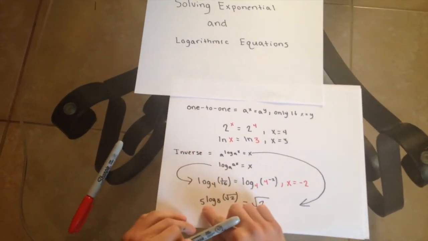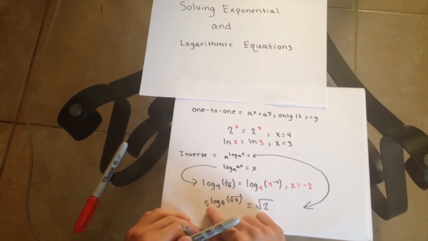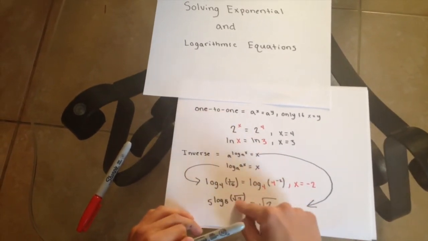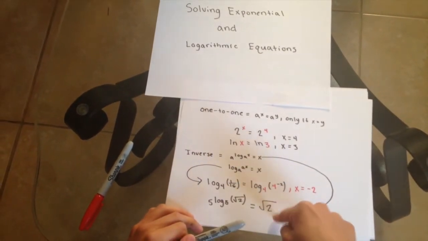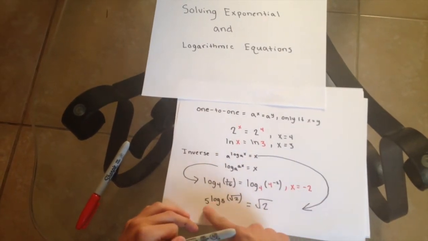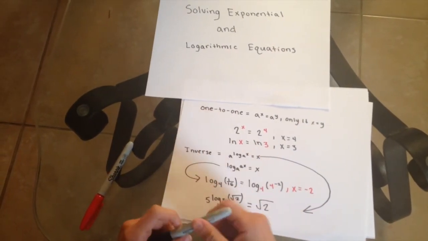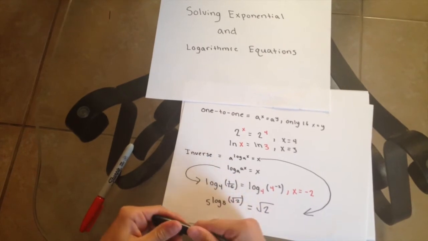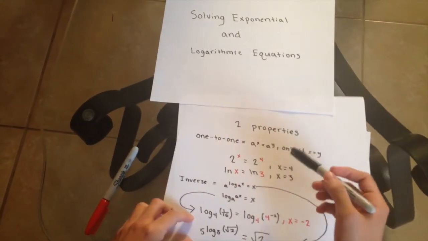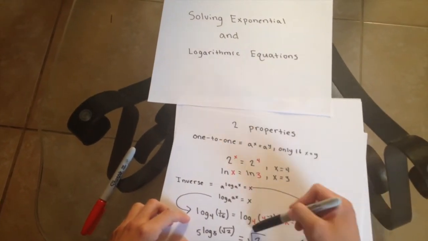Because the function is complete, we have bases that are the same. The answer is square root of 2, because this completes the property and cancels out.